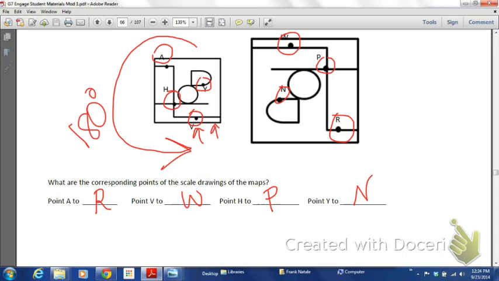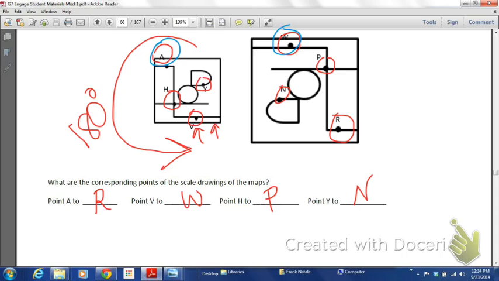Okay, and hopefully that wasn't too confusing, but again, it's kind of a heads up. Somebody gives you two drawings and tells you one is a scale drawing of the other. Just heads up, and don't just willy-nilly say that A corresponds to W just because they happen to be in the same general location the way you're looking at them.